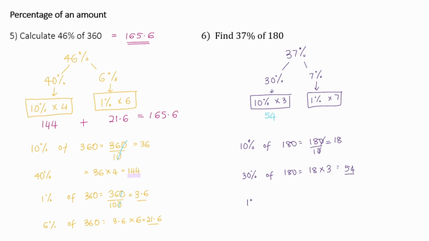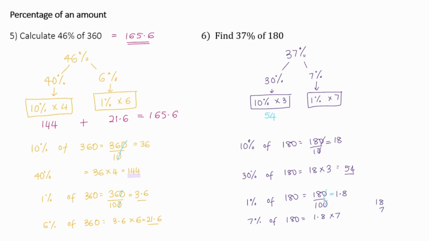To find our 7%, we first have to find 1% of 180, which means we're going to do 180 divided by 100. Again, our zeros cancel out, and then because we're doing 18 divided by 10, that becomes 1.8. And to find 7%, we now multiply our 1.8 times 7.